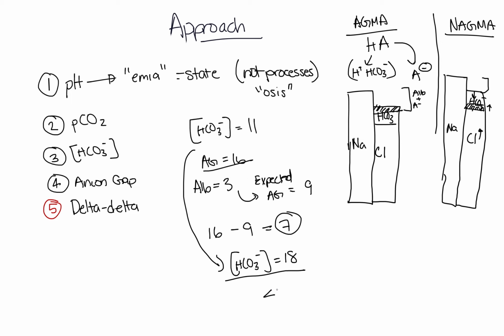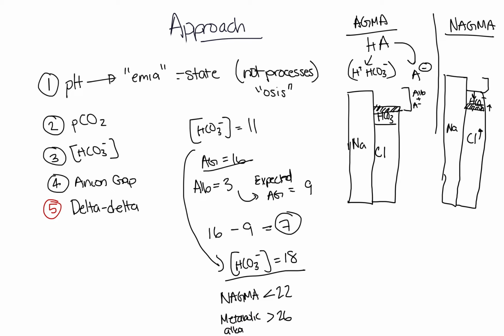If it remains less than 22, then it suggests that there is an additional process, or if it is greater than, say, 26, that means that there's an additional process the other direction. If it's less than 22, it suggests a NAGMA, and if when we add it back it's greater than 26, it suggests that there is a metabolic alkalosis.